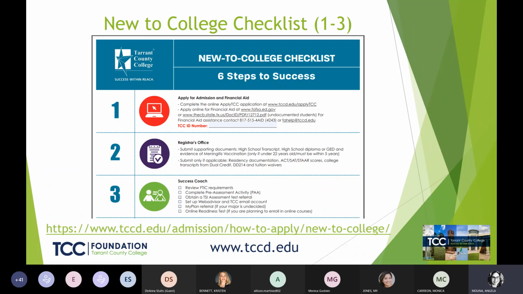Memorize your ID number, just like Monica was saying about the My TCC email. Those are the two things that you need to know at TCC, your ID number and your email address, because every time you call in, we'll need to verify that we're speaking to the correct student. And so we don't want to share personal information with anybody else. So just make sure that you memorize that.